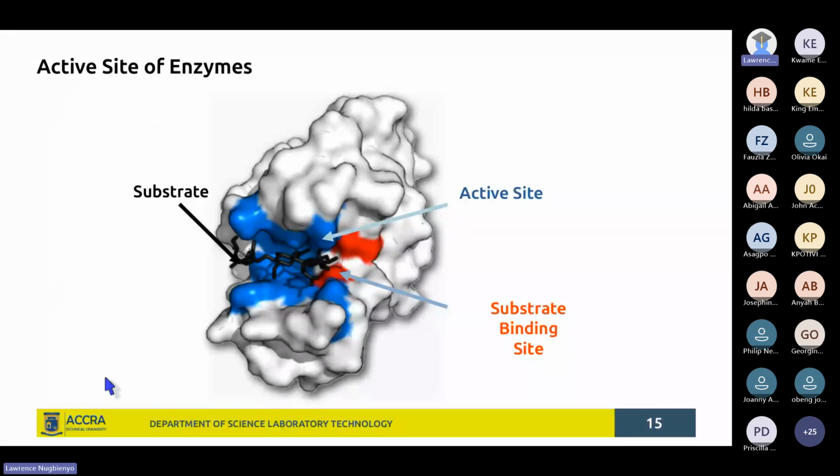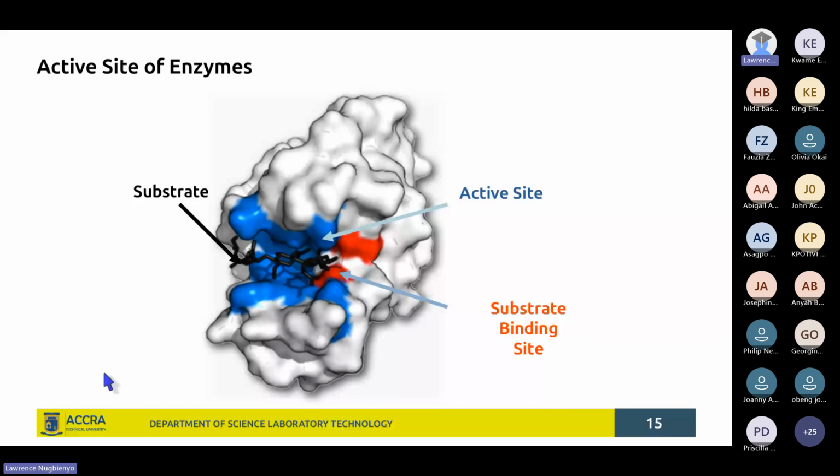Now, what is the active site? We did talk about the active site as the main or a specific part of the enzyme, the protein, where the substrate binds for a reaction on it to be catalyzed by the enzyme.